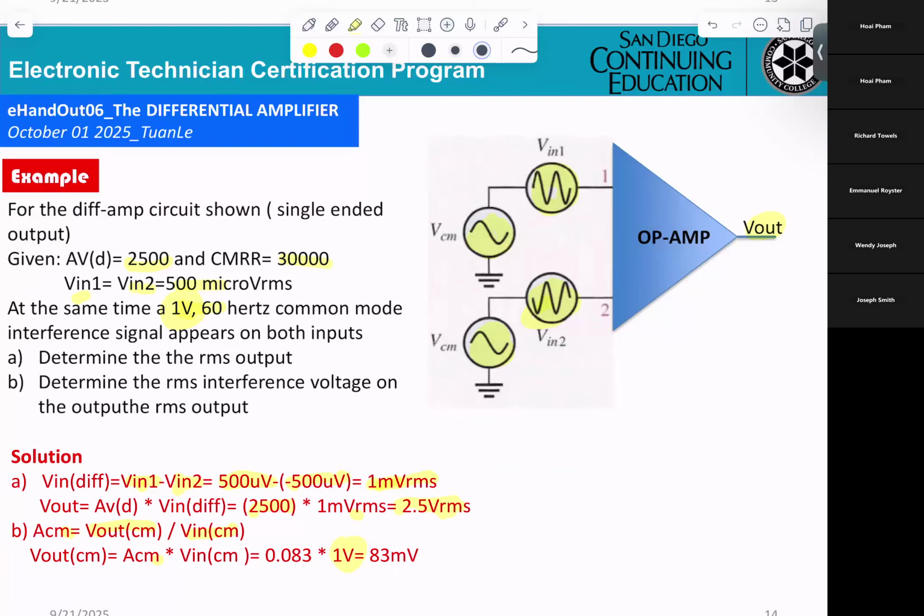And 0.083, where is that number? They take ACM times Vin, ACM.